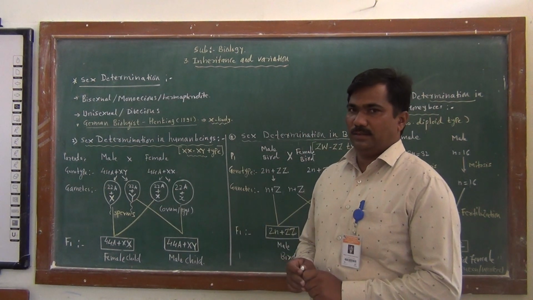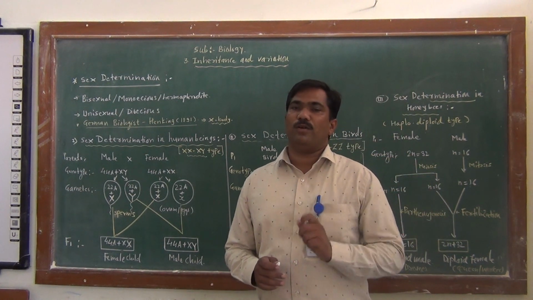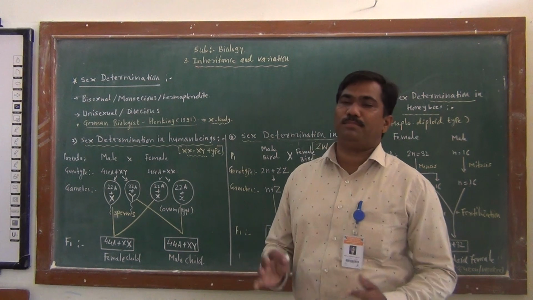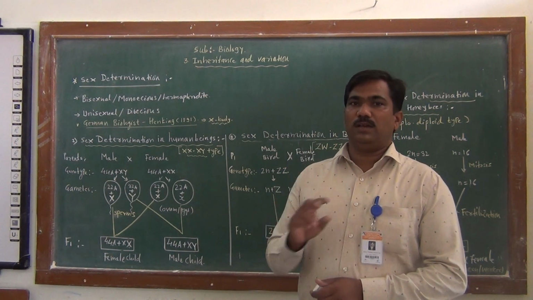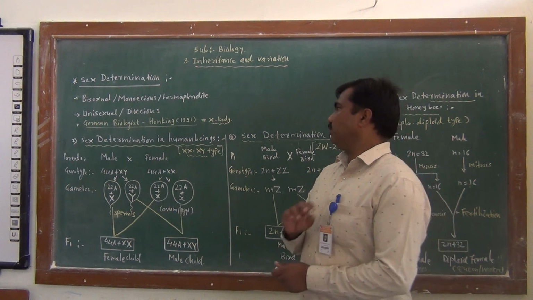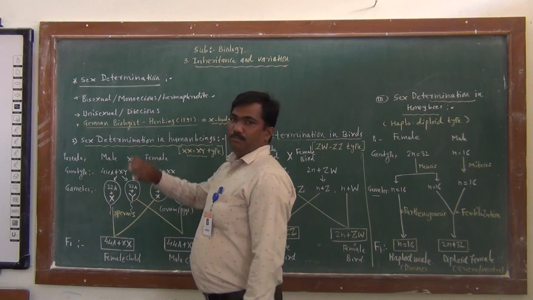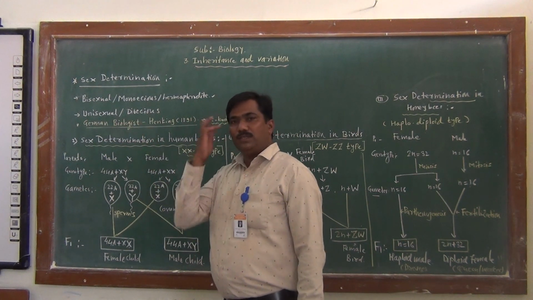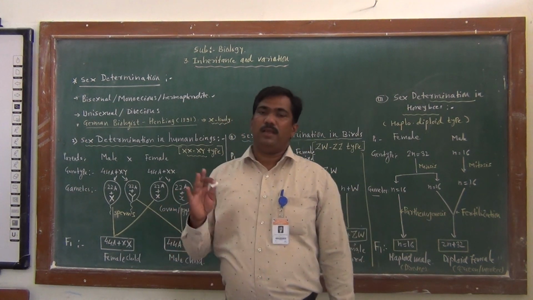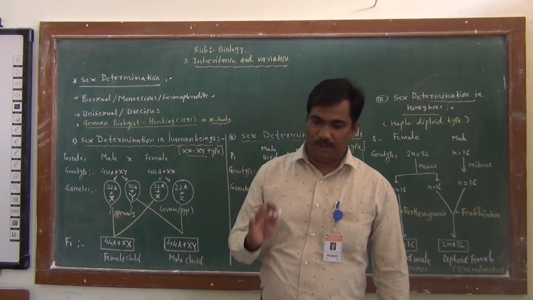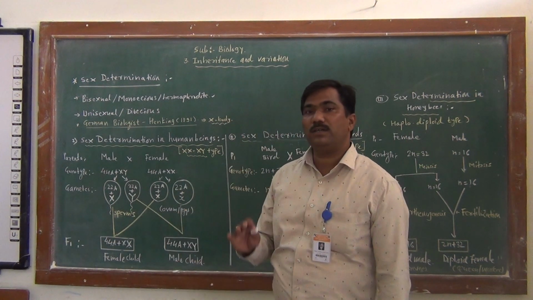A single earthworm's body consists of both male and female reproductive organs within a single body. These organisms are called bisexual. Bisexual means the presence of both male and female reproductive organs. The male reproductive organ is the testis, and the female reproductive organ is the ovary.